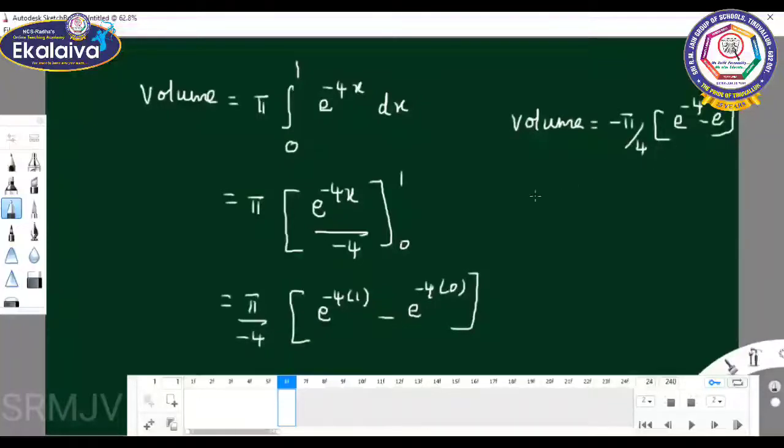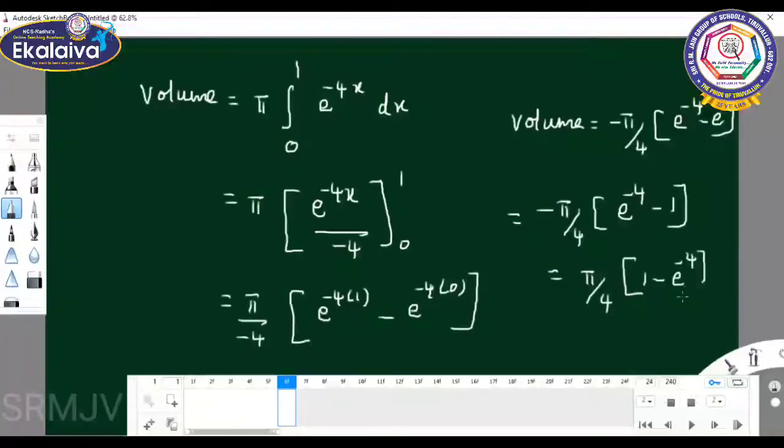E power 0 value is 1. So minus pi by 4 into e power minus 4 minus 1, bringing the minus inside, pi by 4 into 1 minus e power minus 4 cubic units.